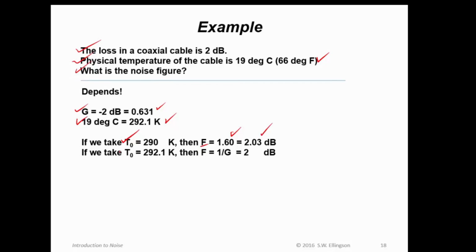If, however, you take the reference temperature to be 292.1 Kelvin, which is the actual physical temperature, then you get the simpler expression. The noise figure is equal to 1 over gain, and you get 2 dB.